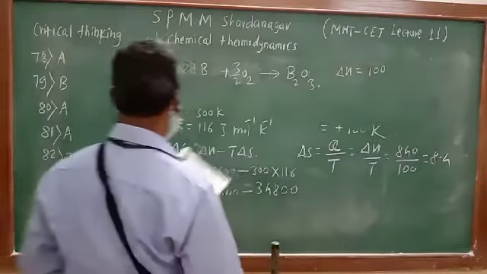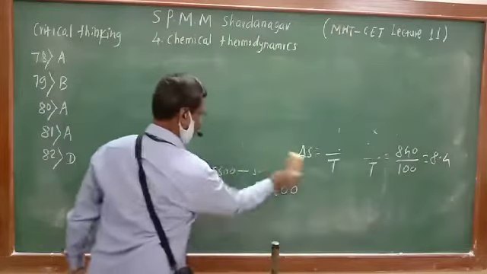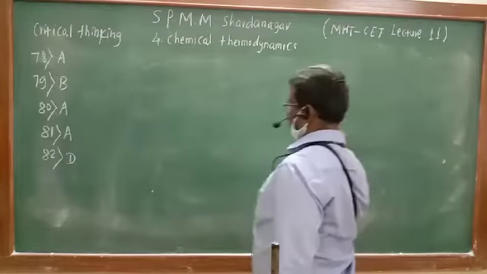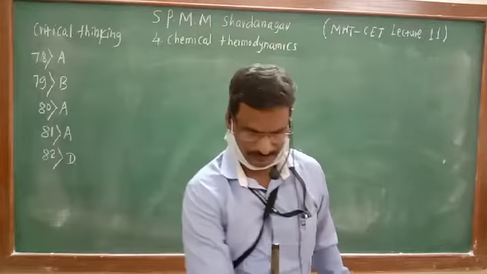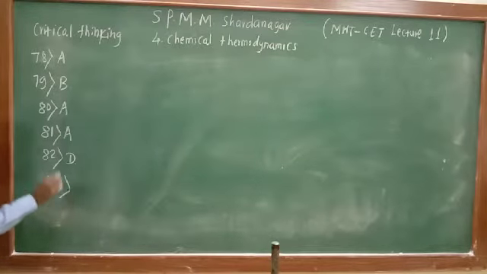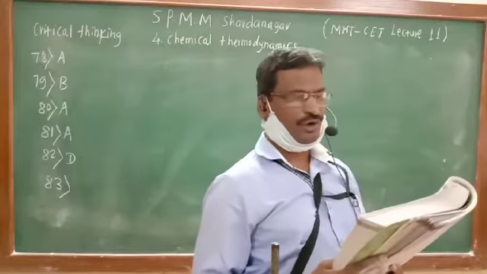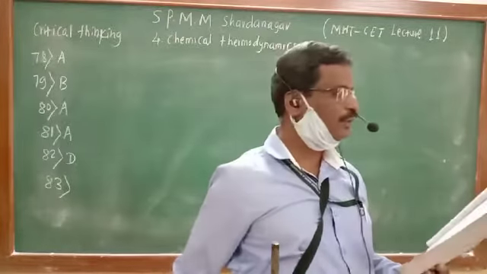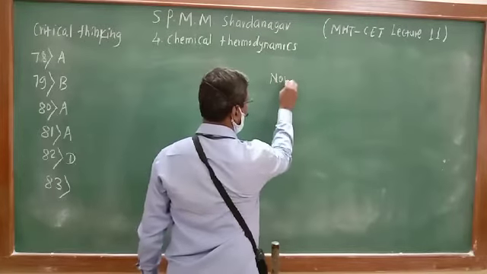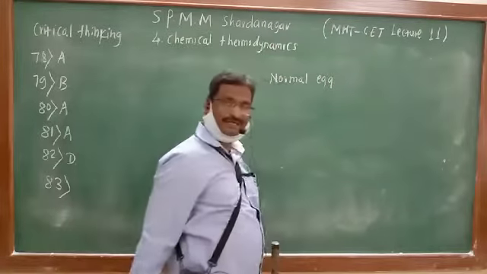Now question number 83. In a reaction, a normal egg is converted to a hard boiled egg, delta S is? In which state is the normal egg present?